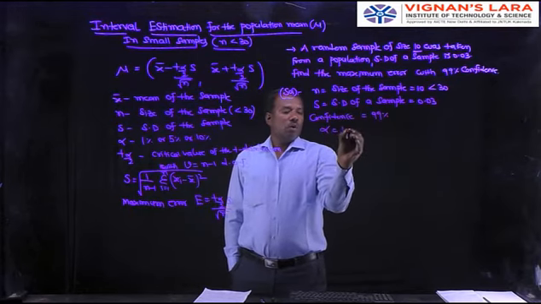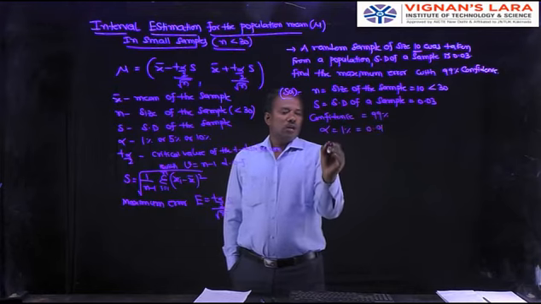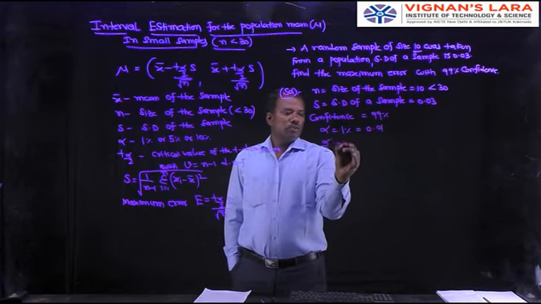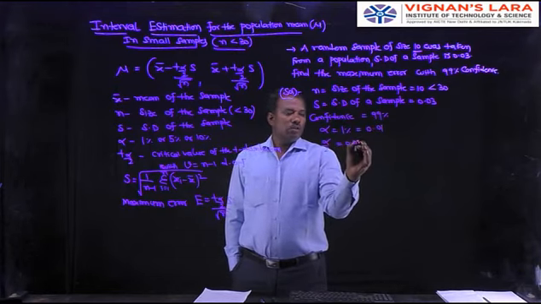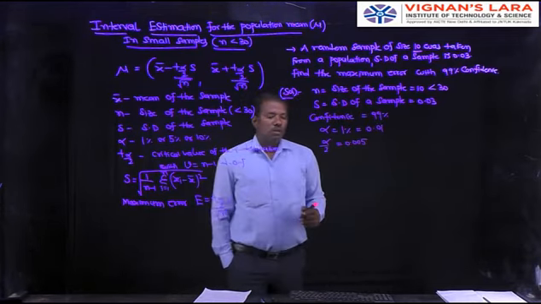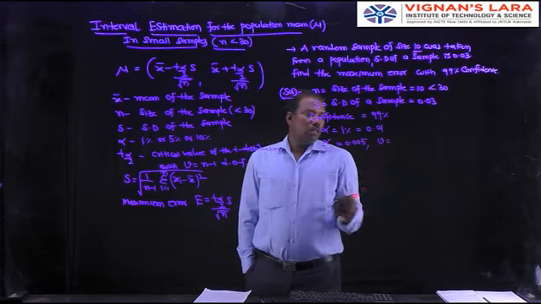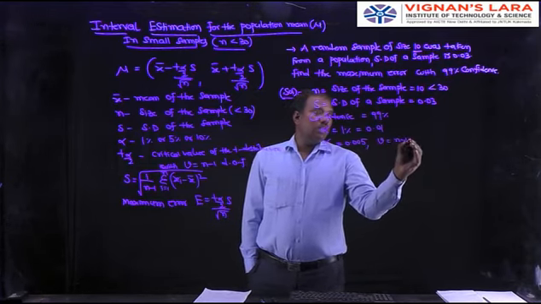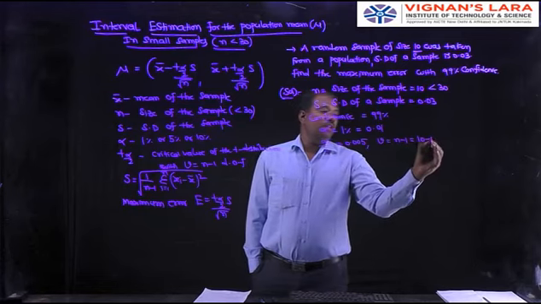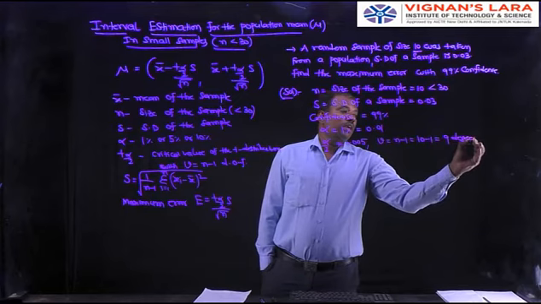Alpha 1%, that is 0.01. Alpha by 2 is 0.005, comma V, n minus 1. What is n? 10. 10 minus 1 is 9 degrees of freedom.